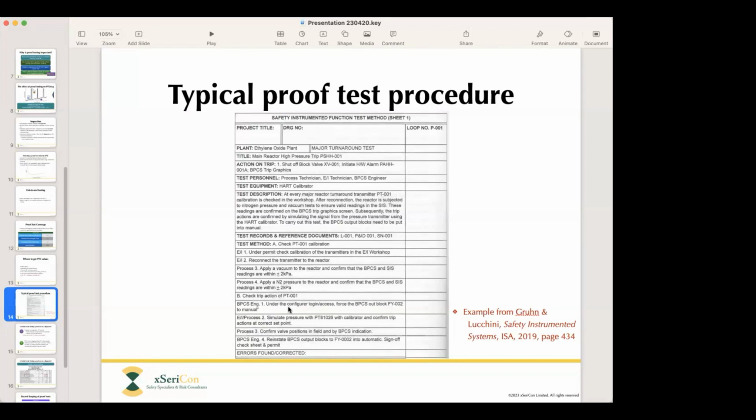And then it does a simulated test in order to check that the final elements are working, so that it trips, and then reinstate everything and put it all back and document whatever faults are found and repaired.